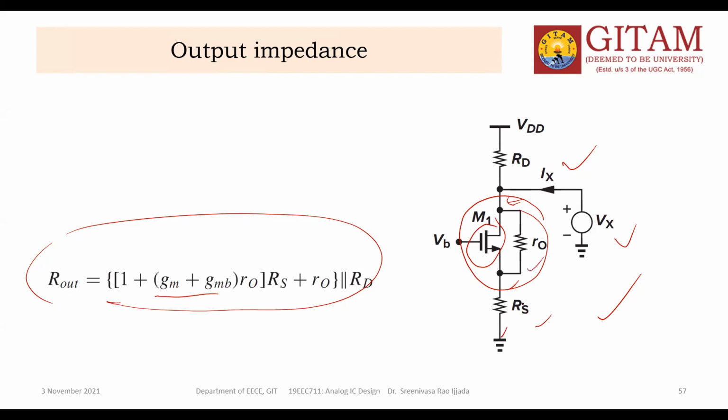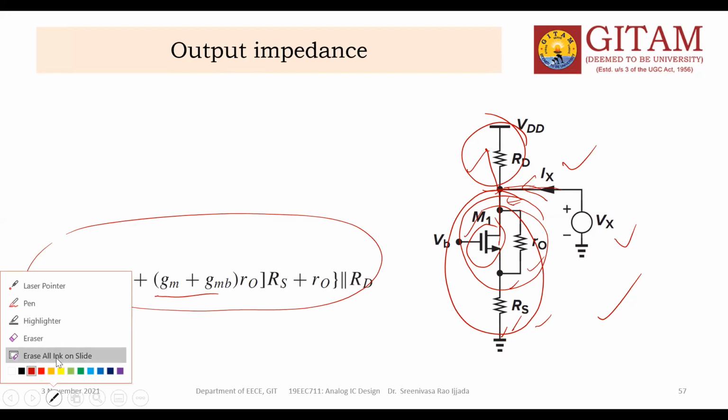RS and R naught are in series, and this total is parallel with RD, because we are applying the current Ix at this point. This current Ix is divided here and here, so these are two parallel branches, where the current is splitting.